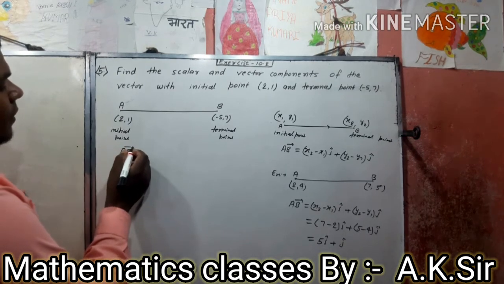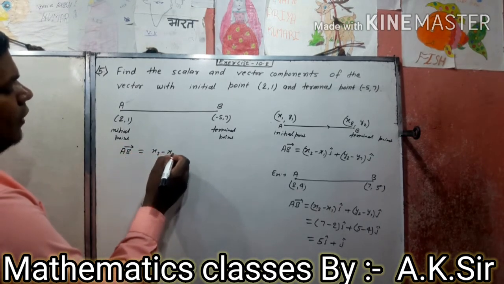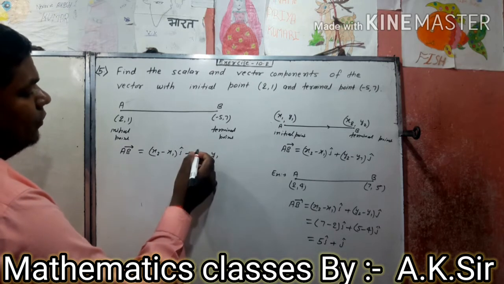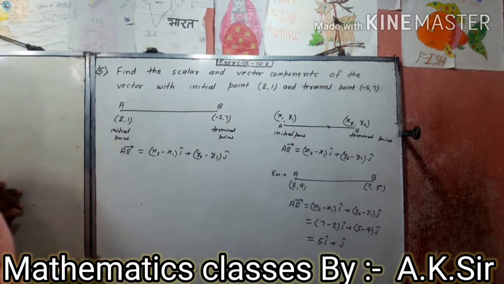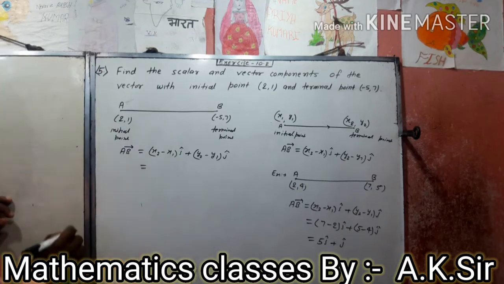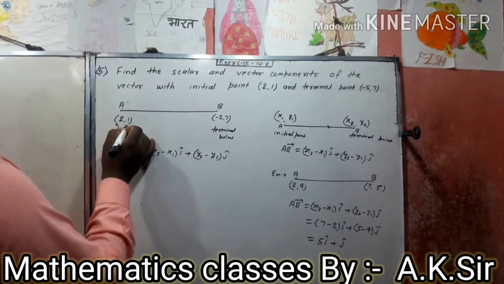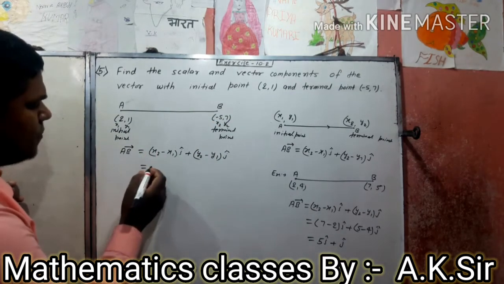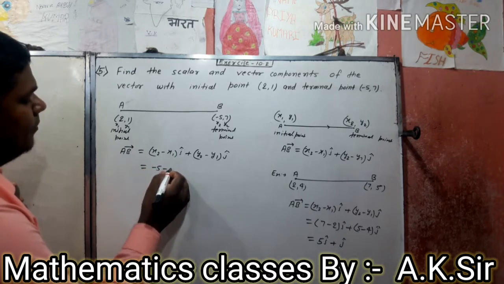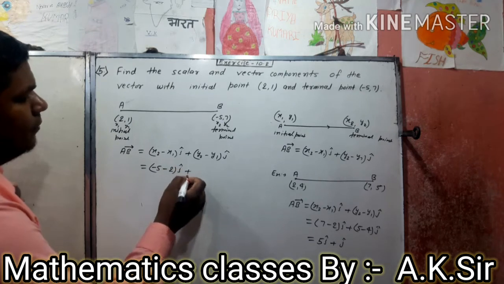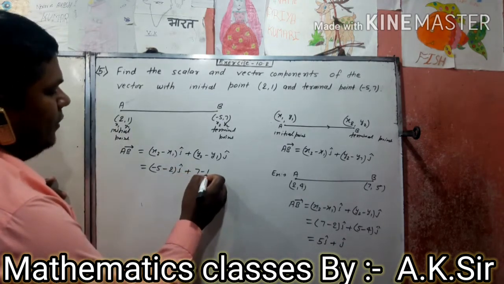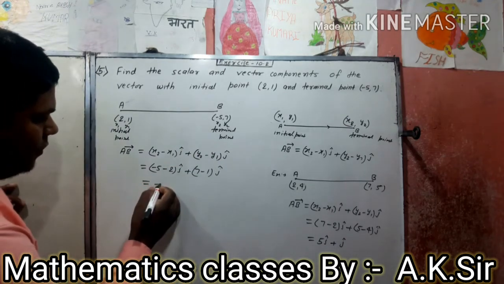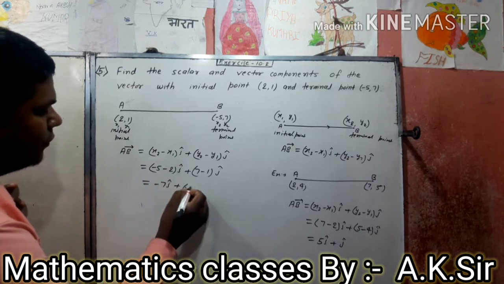Then AB vector is equal to x2 minus x1 i cap plus y2 minus y1 j cap, equal to minus 5 minus 2 i cap plus 7 minus 1 j cap, equal to minus 7i cap plus 6j cap.